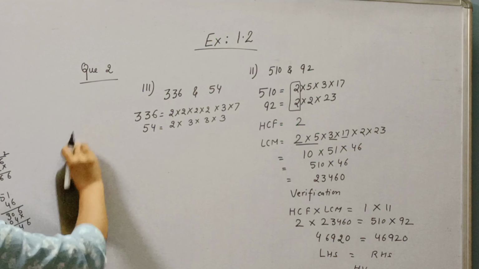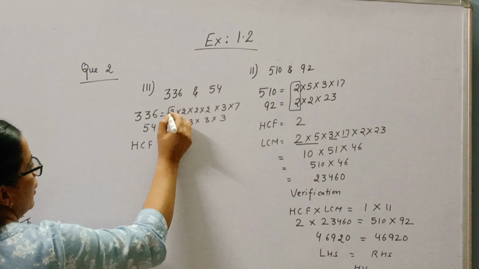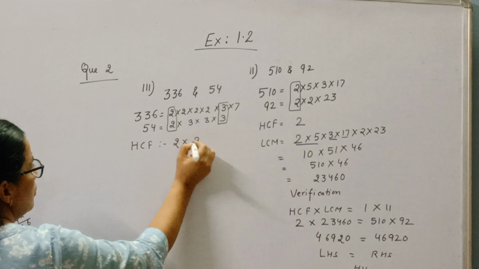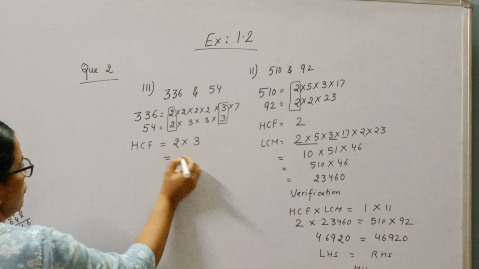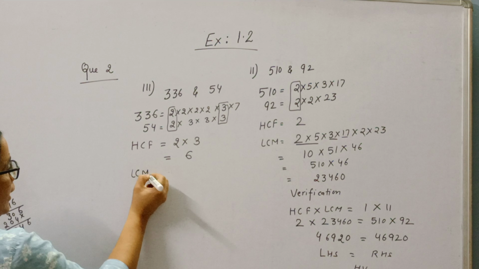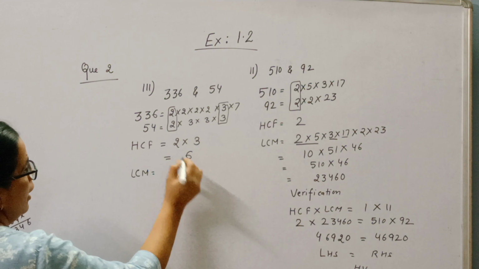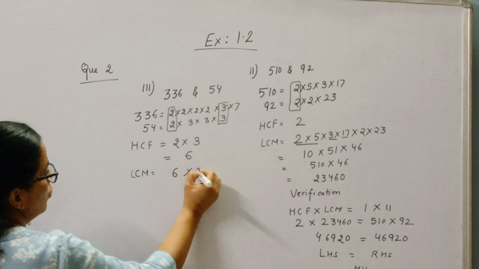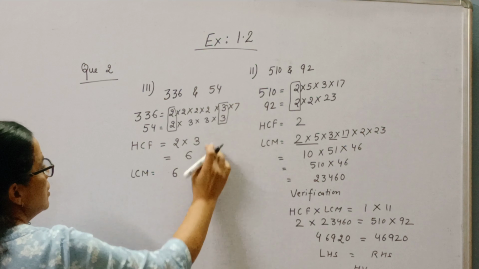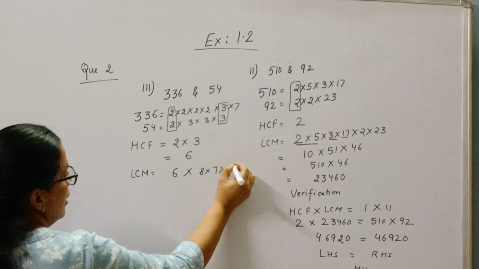Okay. Now for HCF, find out the common factors. The common factors are 2 and 3. So we multiply them, and HCF comes out to be 6. Now for LCM, take the common factors, that is 2 into 3, that is 6, and the other numbers left: 2 into 2 into 2, 2 2s are 4, 4 2s are 8, and 8 7s are 56, and 3 3s are 9.